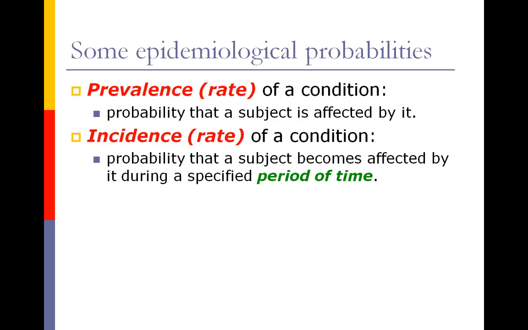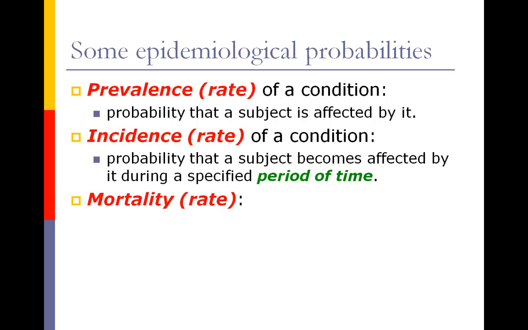Usually the most common period of time that people use is a year. So in the incidence rate, or incidence in general, we're looking at what is the probability that a person will develop a certain condition during a specified year. So they may become sick or may acquire a certain disease or something like that.